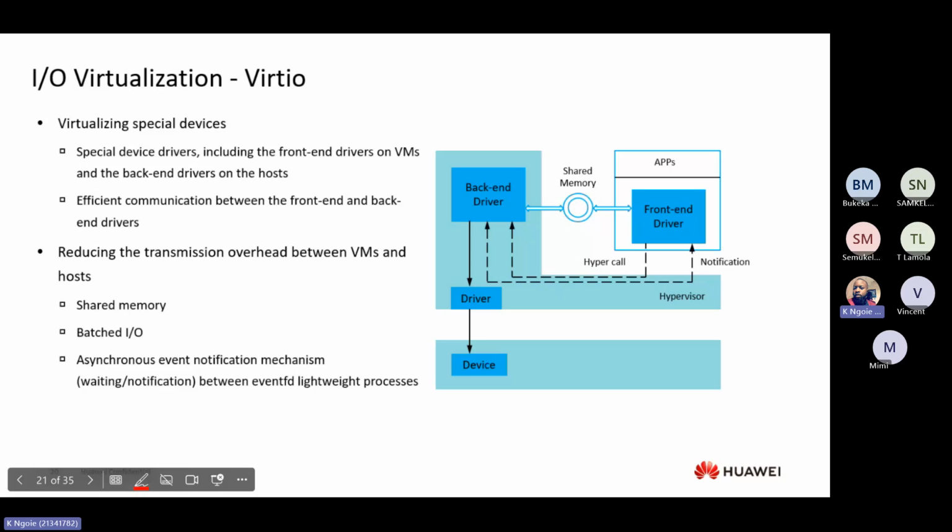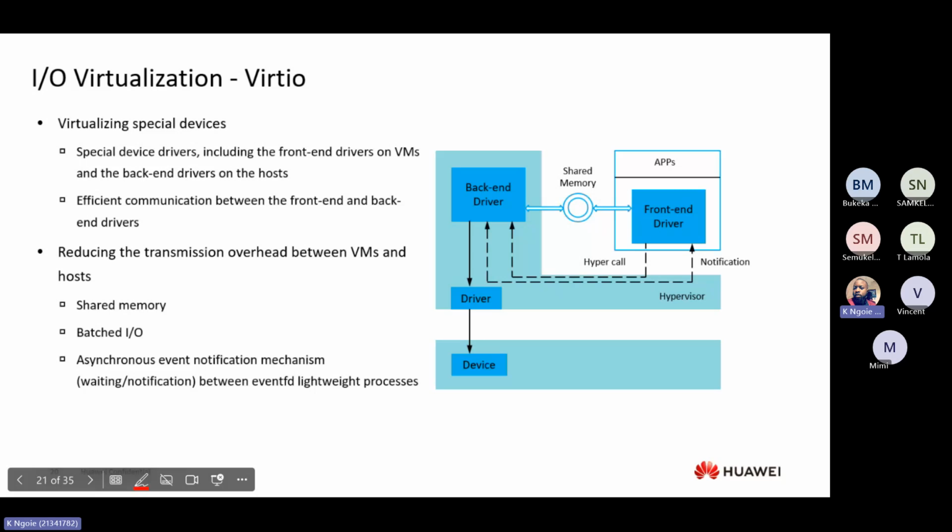When we talk about VirtIO, it's a kind of virtualization framework which uses KVM to improve input-output performance by reducing the overhead of full emulation. So this is another way of doing things.